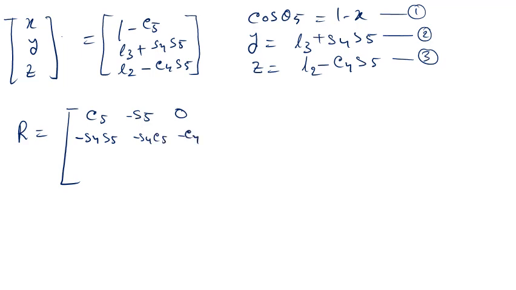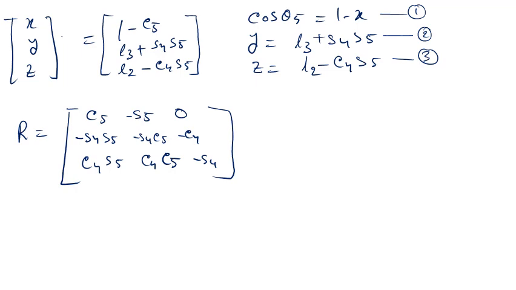Now in this rotation matrix, the value of theta 5 is fixed, because you already got it from the inverse kinematic solution of the x coordinate.